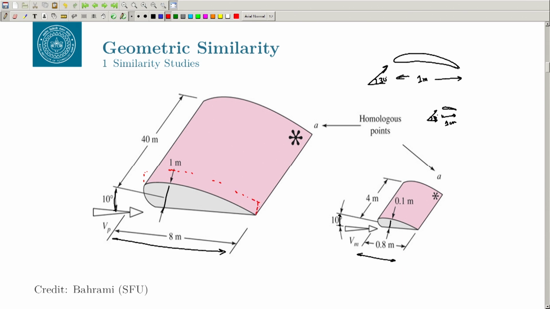Let us fix our coordinate system so that it will be easy to explain. Let us say this is my x in the chord-wise direction, y in the vertical direction, and z in the span-wise direction.